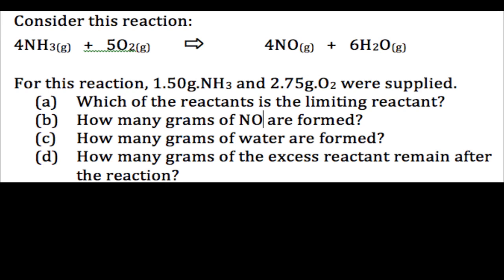The limiting reactant determines how much of each product we get. So this question first of all says, which of the reactants is limiting? And then how many grams of NO are formed, how many grams of water are formed, and then we want to know which is the excess reactant and how much of it is left over.